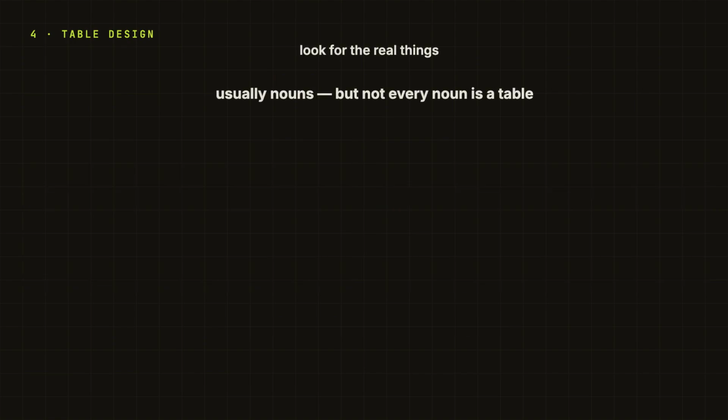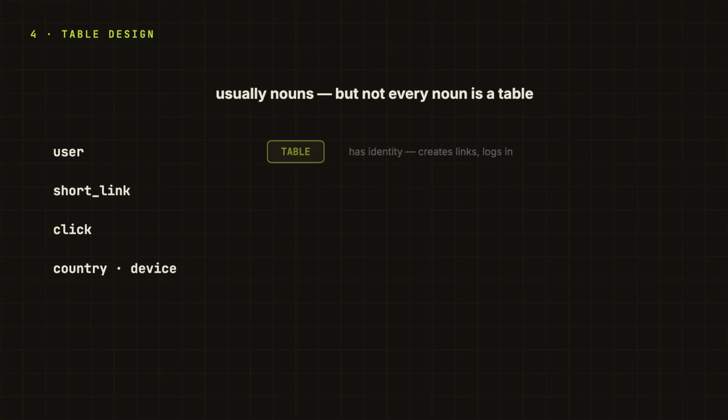Now we can look for the real things in the system. Usually these are nouns, but not every noun deserves a table. We have user. That feels like a table because users have identity. They can create links, update profile data, maybe log in later or log out. We have a short link, also a table.